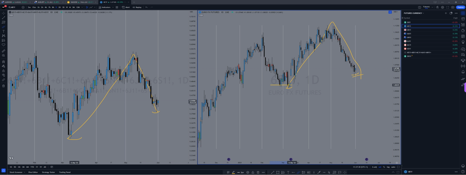So euro is like this, pound should be like this, Aussie should be like this, New Zealand should be like this, Japanese yen should be like this, CAD should be like this, and Swiss should be like this. Should be trading above this low. Okay, this one here, because this is the average, so it should be trading above that.